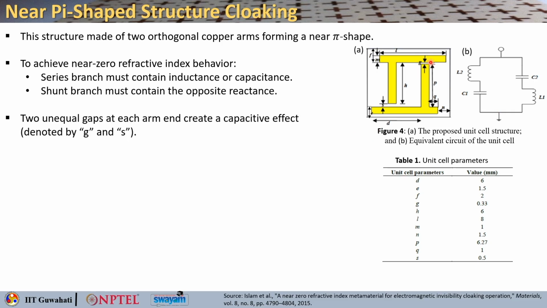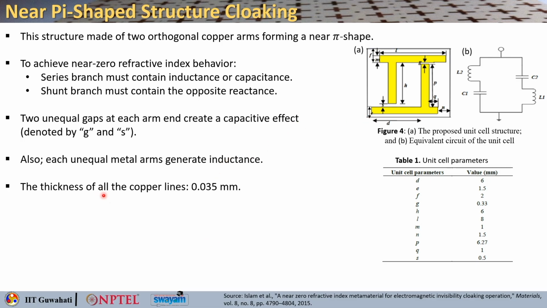There are two unequal gaps present at each arm, and this gives you a capacitive effect which is denoted by G and S. So these are the two gaps. You can see the gaps are different, and conversely each unequal metal arm is also responsible for generating inductances, right.